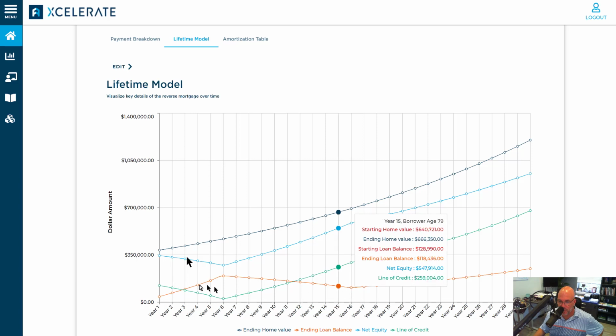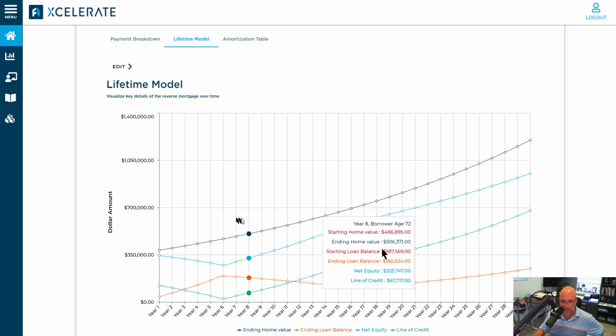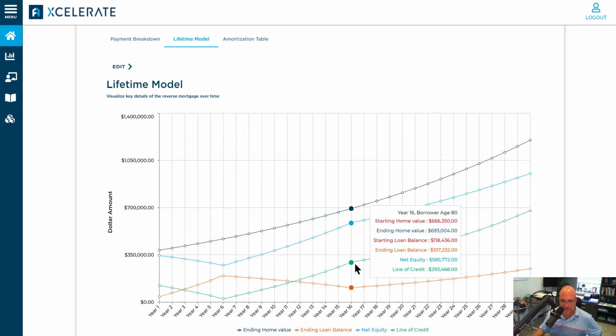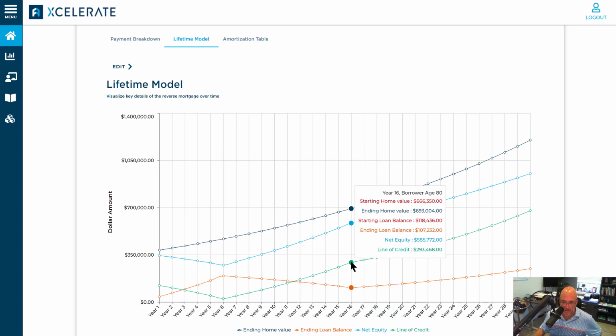The green line again is the line of credit, assuming she's staying in the home, she's happy in the home, and she wants to then look at what options she has. Boy, this mouse is all over the place. Sorry about that. The line of credit's got $293,000 in it, and if she doesn't make any more voluntary payments, that line of credit's still growing significantly over time, and the loan balance is staying low.